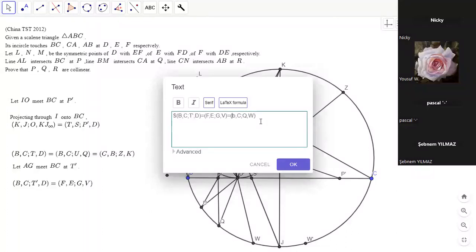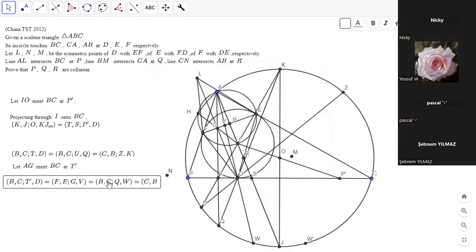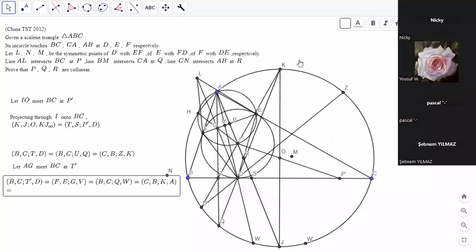And then we project through B, so that's CBKA. And then if we reflect over the vertical axis, that should be BCKZ or BCAK.